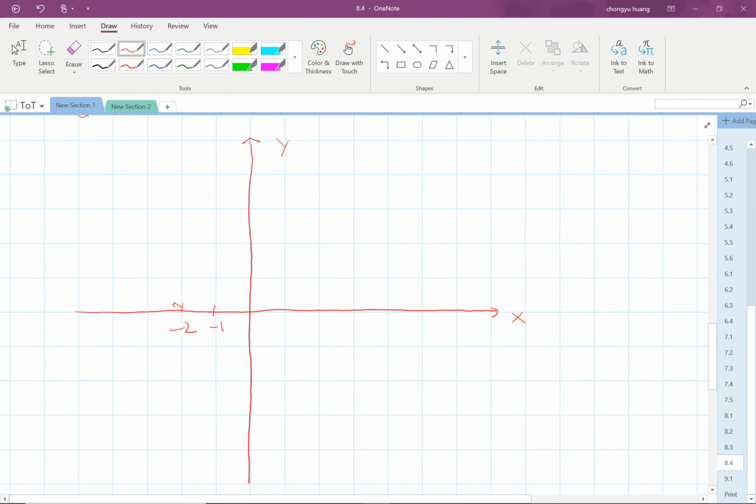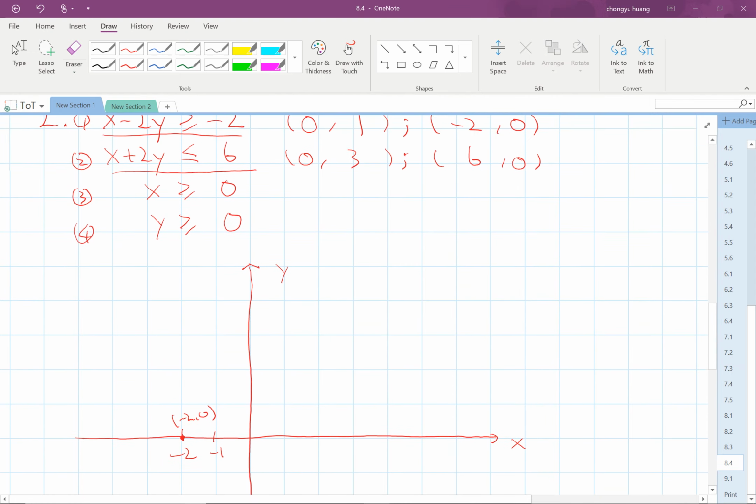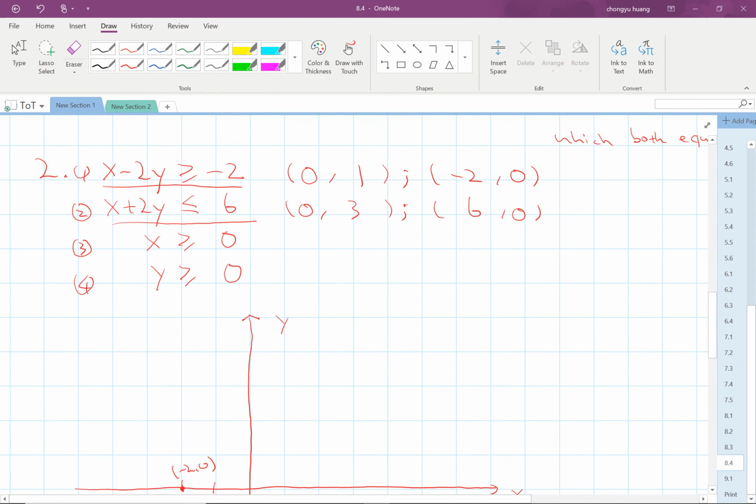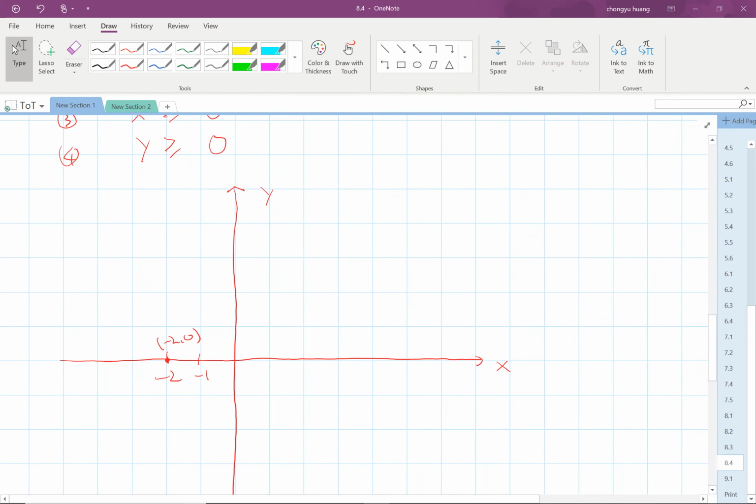This is our first point, -2, 0. Our next point will be 0 and 1, so 0, 1 over here.